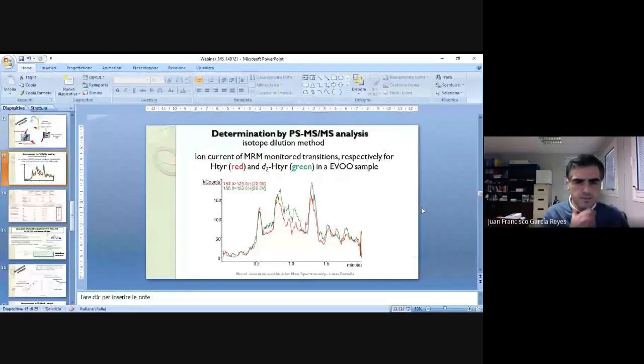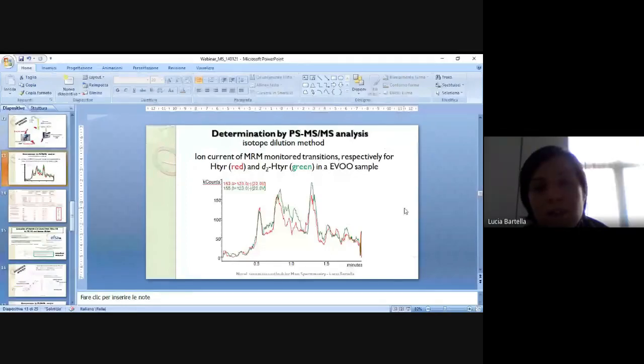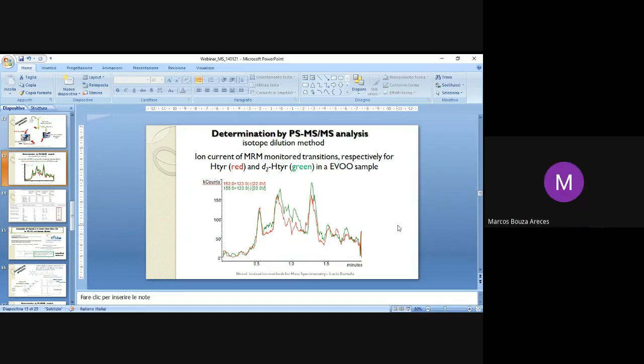Yes, this is simply an ion current of a monitored transition, and we used the area averaged over the total acquisition time for the quantitative determination. Okay.